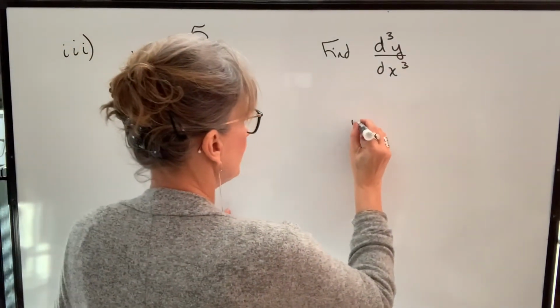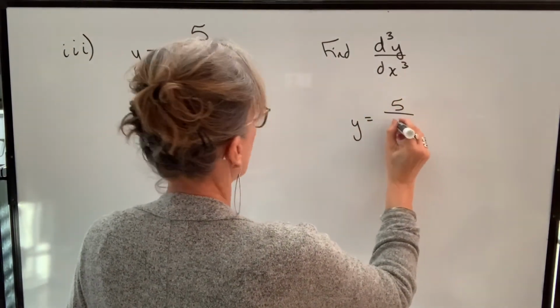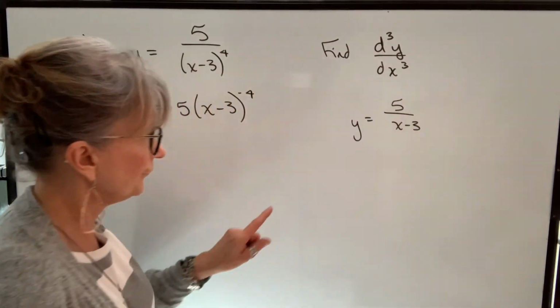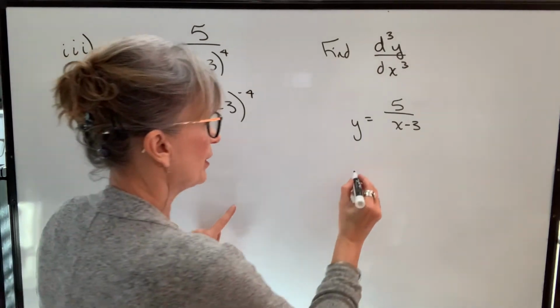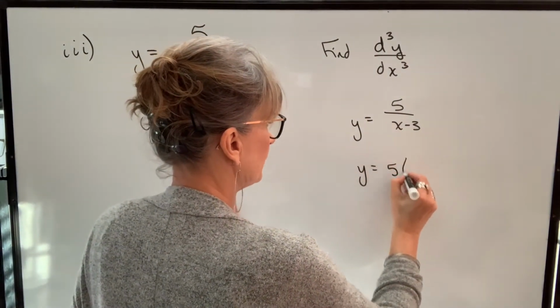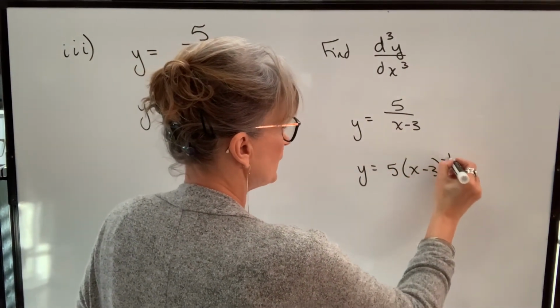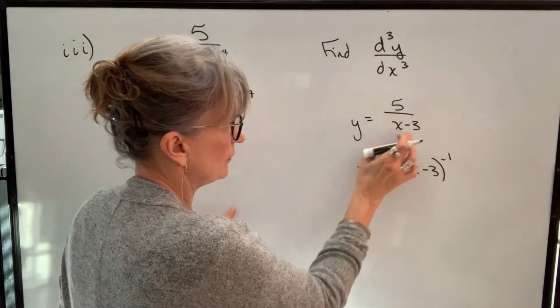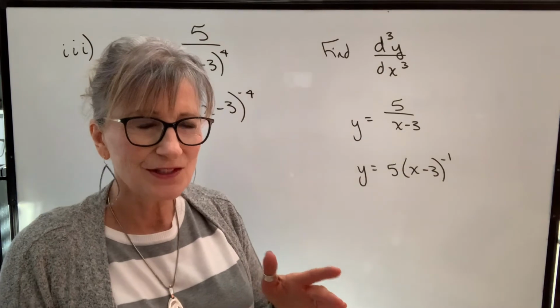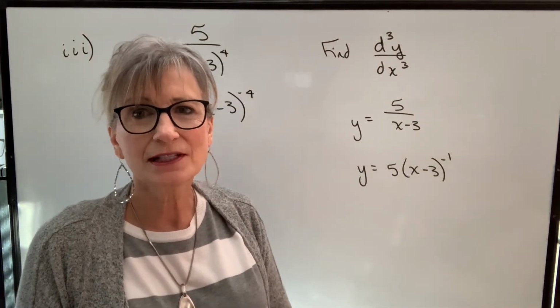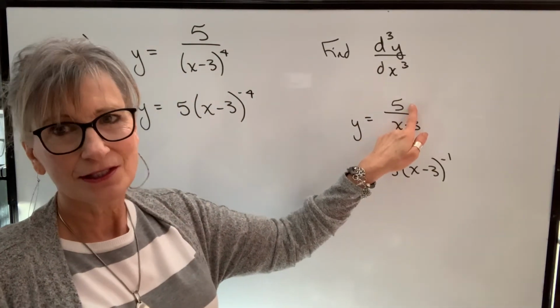If the function had been 5 over x minus 3, I probably would have used the quotient rule on that. Because if I bring it up out of the denominator, I'm introducing a power. It doesn't have a power the way it's written, as a quotient. So it's going to depend what your denominator looks like when you do have a constant as your numerator.